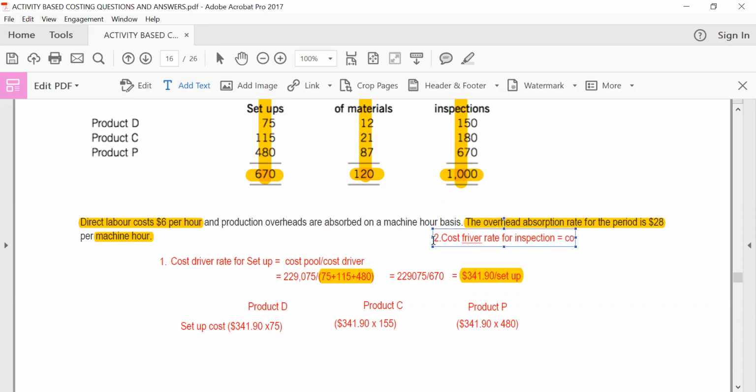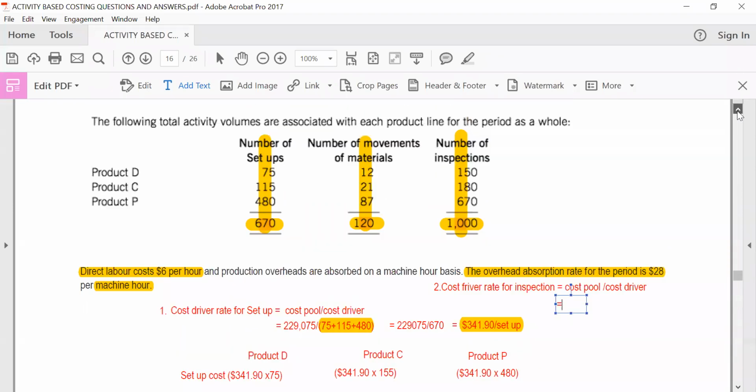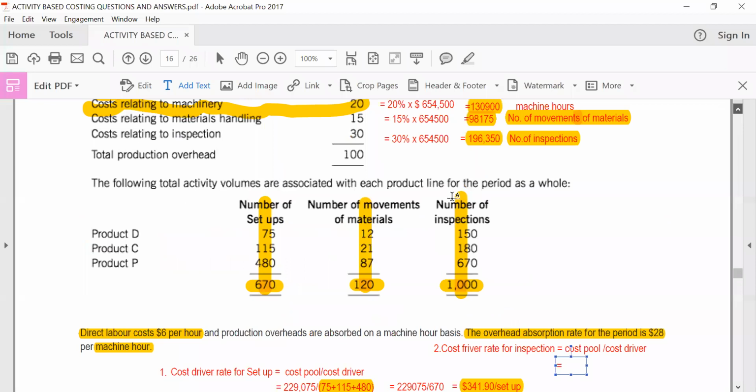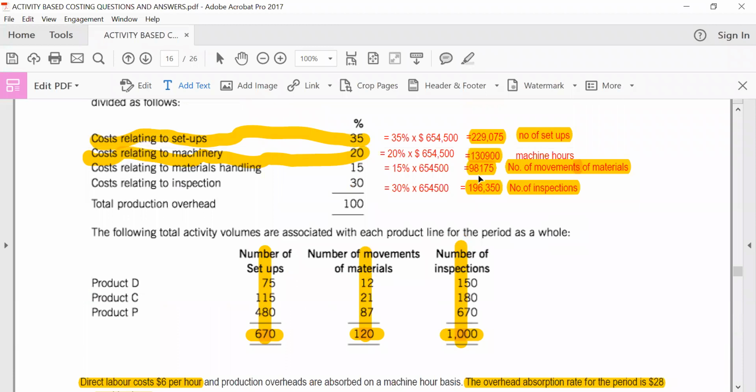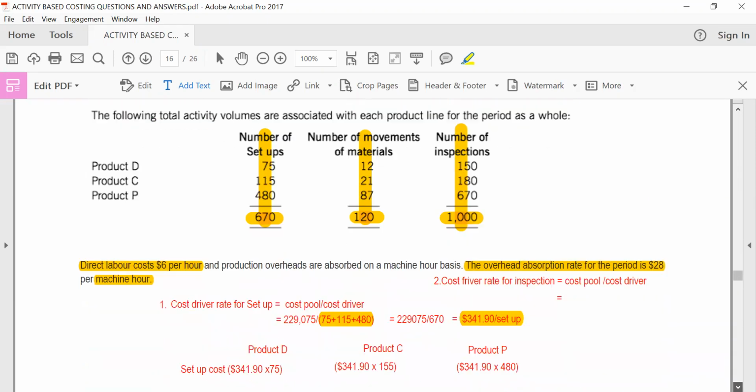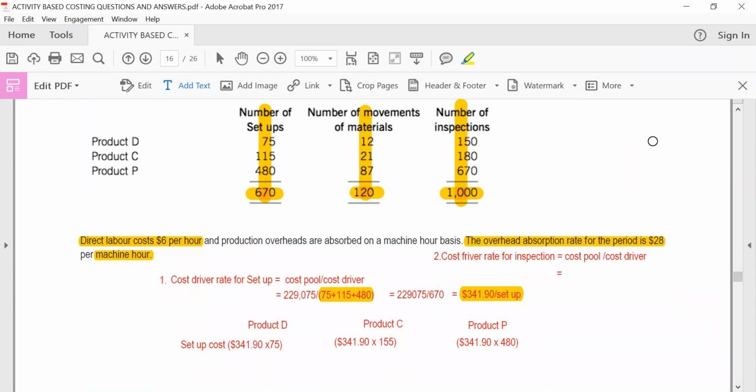I need the cost pool for inspection divided by the cost driver. So what is the cost pool for inspection? We have already gotten it above. Inspection, we got it to be the last item, 196,350. And its cost driver is number of inspections.